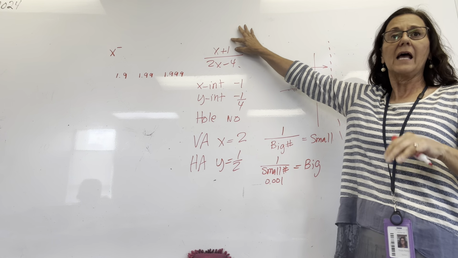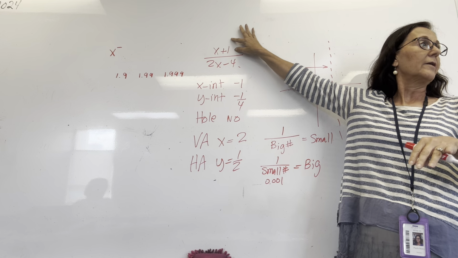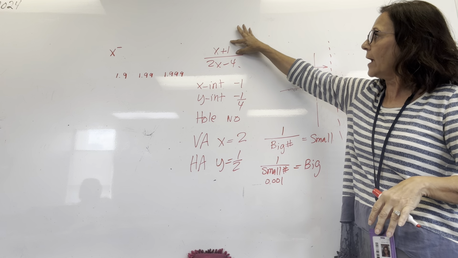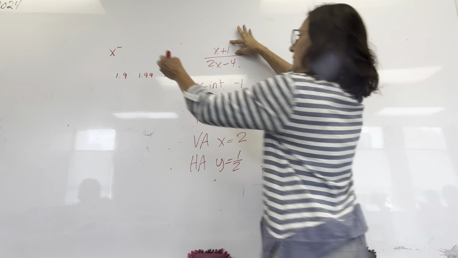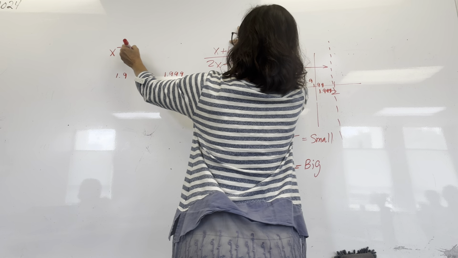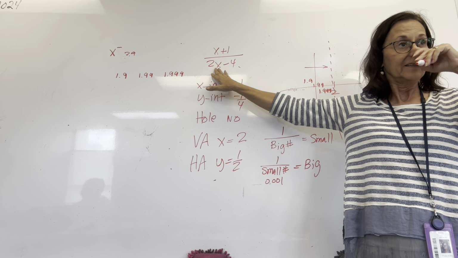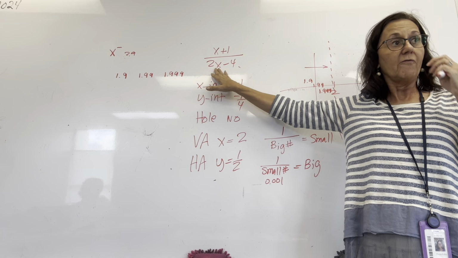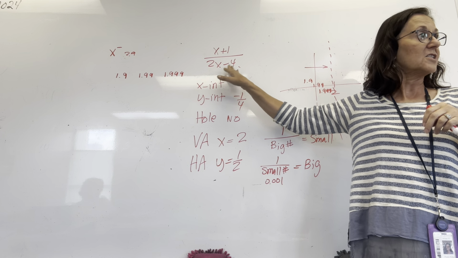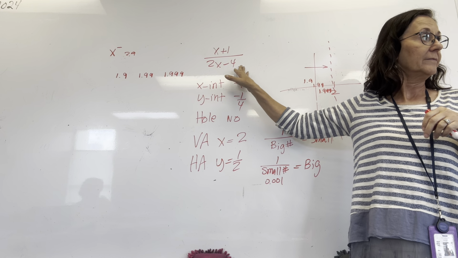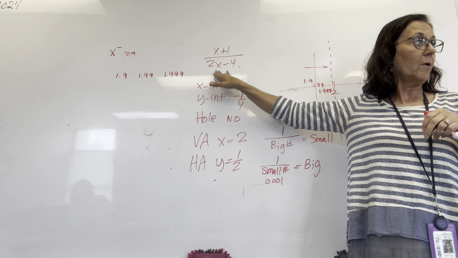We're just going to say positive or negative, and big or little. In the numerator, if I put 1.9, it's 2.9. In the denominator, if I put 1.9, 2 times 1.9 minus 4 is a small negative number, don't you agree?